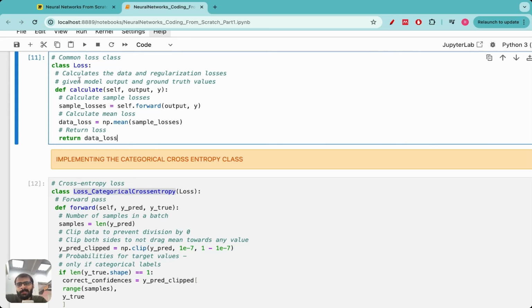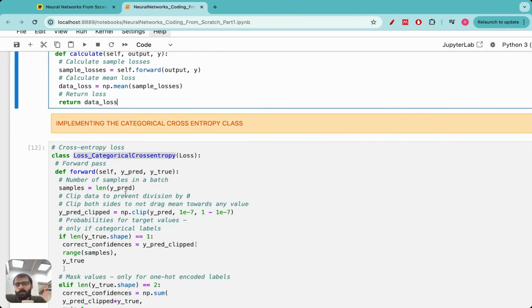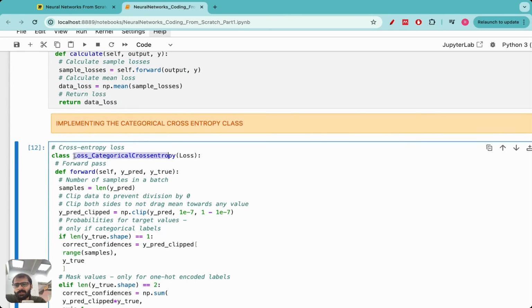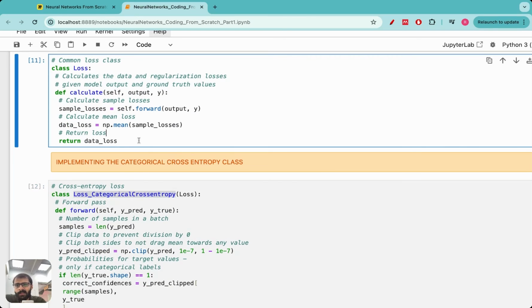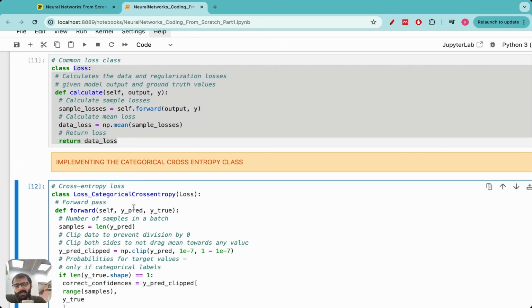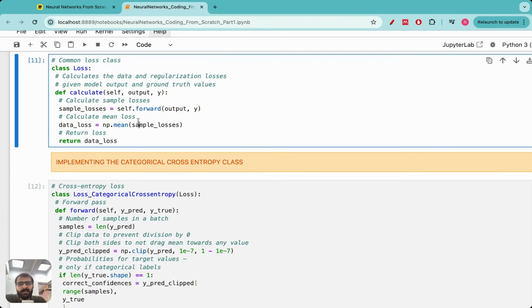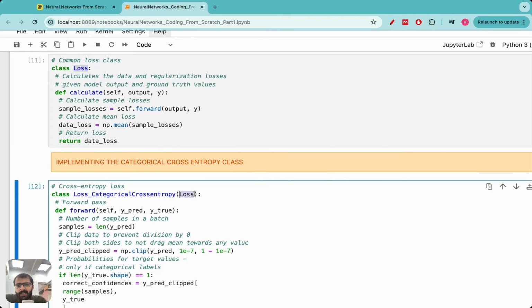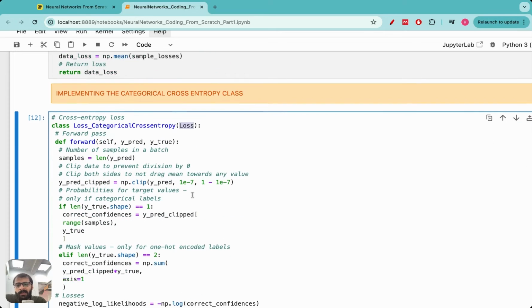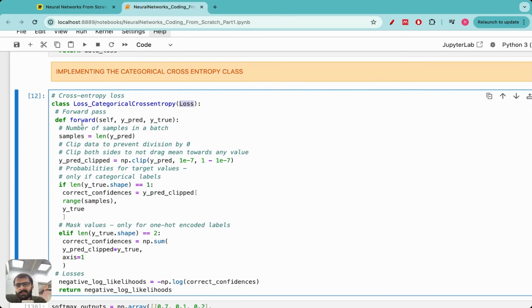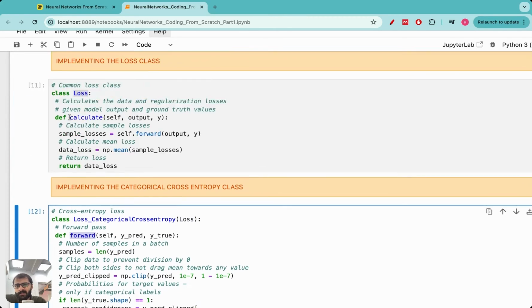Basically, ultimately, we will be defining an instance of the loss categorical cross entropy, and then calling the loss class so that it will take the mean and return the final loss. Since the loss categorical cross entropy is an argument of the loss class, the loss class will inherit the methods in this class. So it will inherit the forward method.